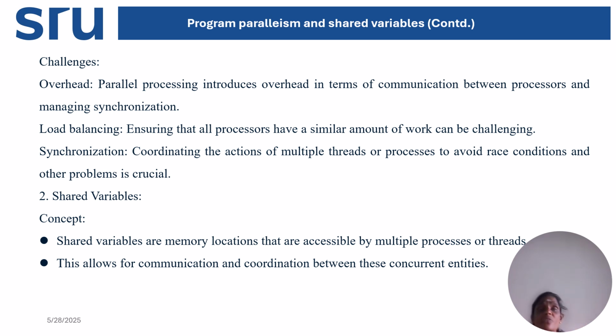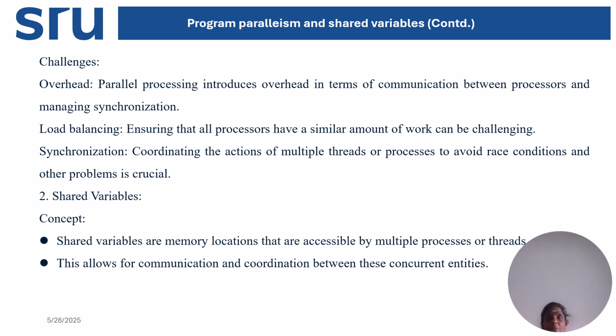Next one, managing synchronization. Load balancing, ensuring that all processors have a similar amount of work, can be challenging. We cannot say that all processors will have the same work, the same task load.